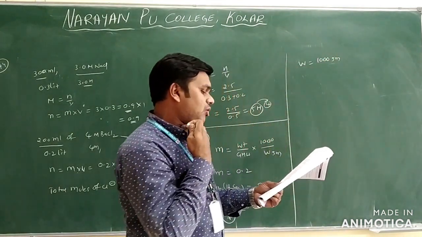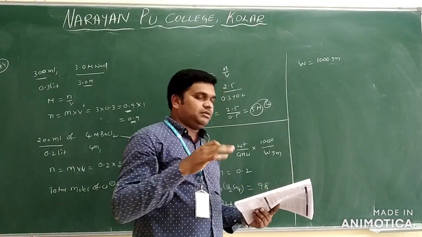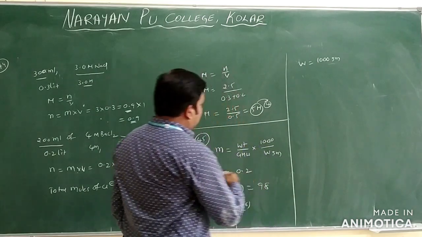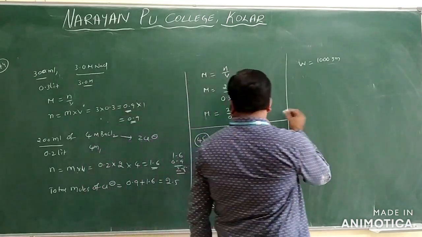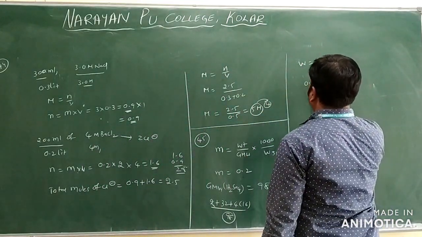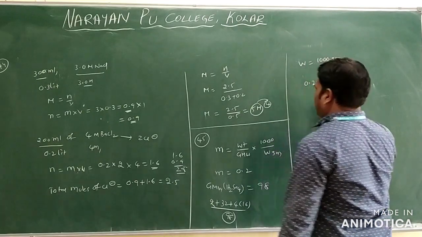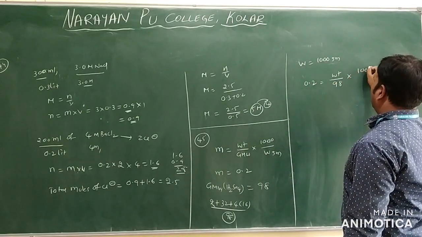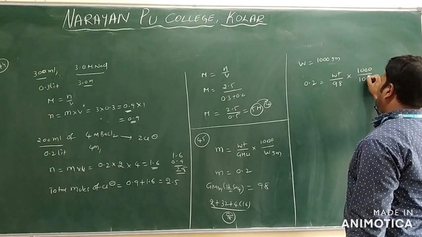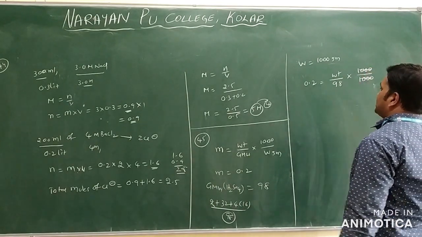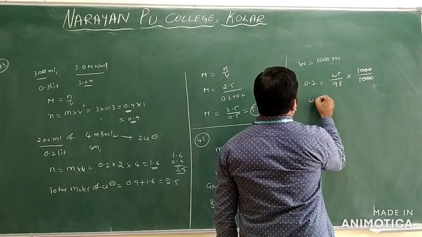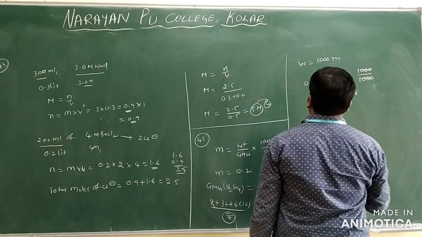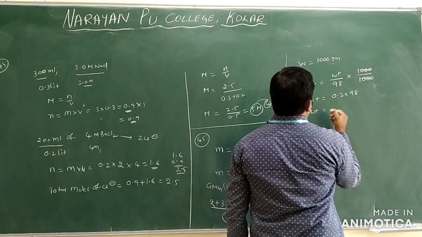Now we have to find out the weight first, then we can find out the total weight of the solution. Let us substitute all the values in this formula. Molality we have 0.2, that is equal to weight by gram molecular weight, 98, into 1000 by weight of the solvent we have 1000 only, 1000 cancels here. So weight is equal to, do the cross multiplication, 0.2 into 98 only.